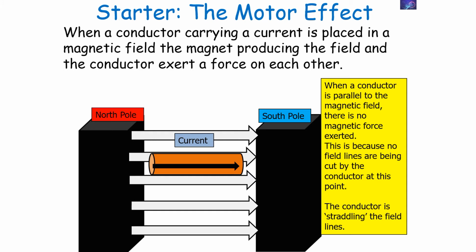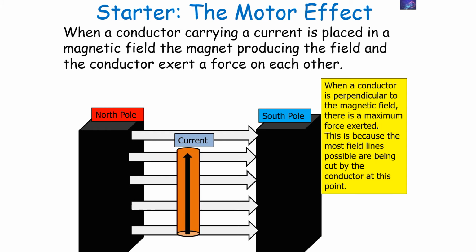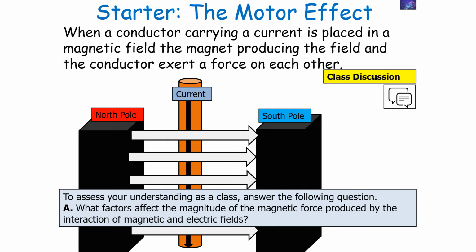We can say the conductor is straddling the field lines, whilst when a conductor is perpendicular to the magnetic field, there is a maximum force exerted because the most field lines possible are being cut by the conductor at this point. So what factors affect the magnitude of the force produced by the interaction of the magnetic fields of the permanent magnet and the conductor?